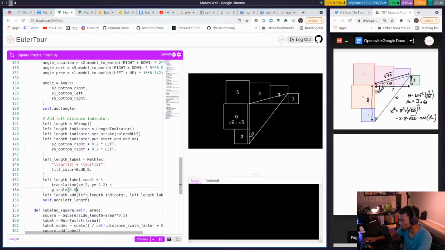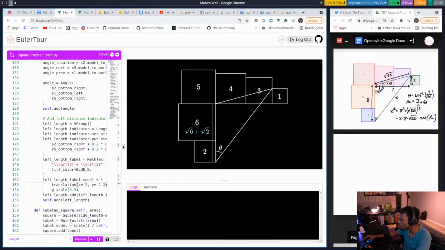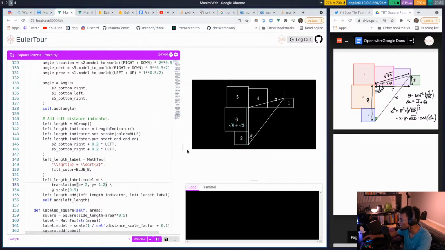I'll do 0.9. Okay, good. I like how that looks.